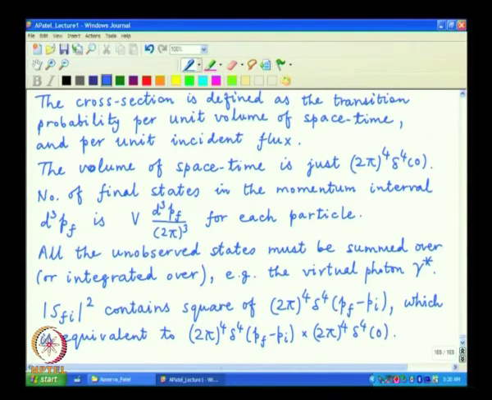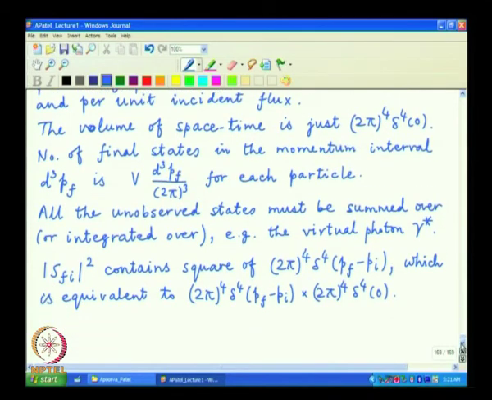This (2 pi) raised to 4 times delta 4 of 0 will be interpreted as the volume of space time. So, if one wants to calculate the probability for transition, one takes this S f I square and divides out this (2 pi) raised to 4 times delta 4 of 0, and then one has a result.